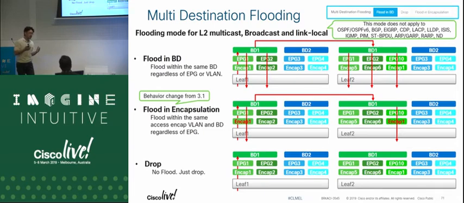The answer is technically no, but there is, I don't remember exactly, I think it was ARP flooding. If ARP flooding was disabled, then the GARP-based detection option doesn't even show up in the GUI. Is there any other question?